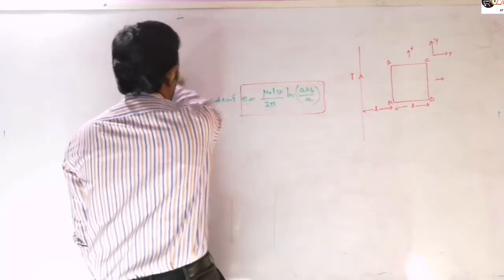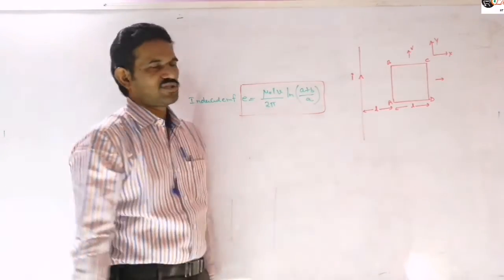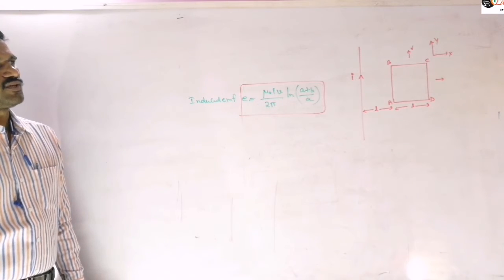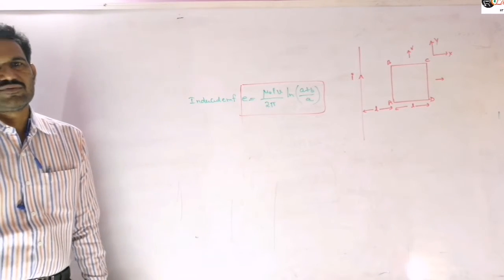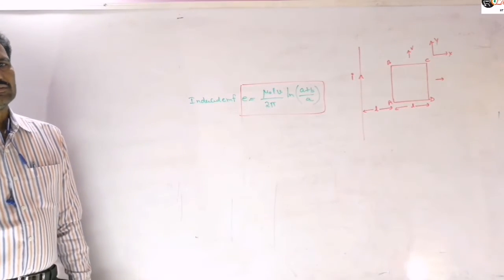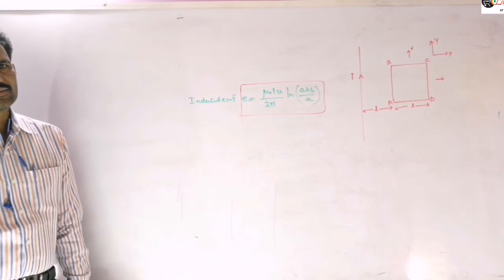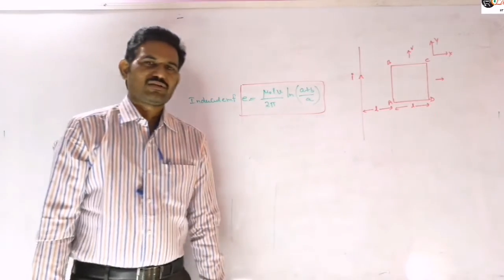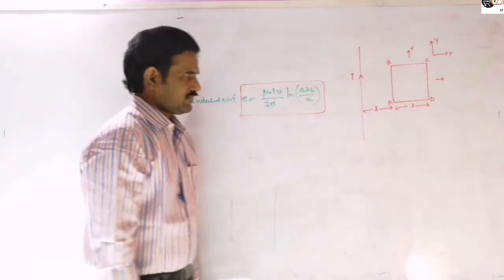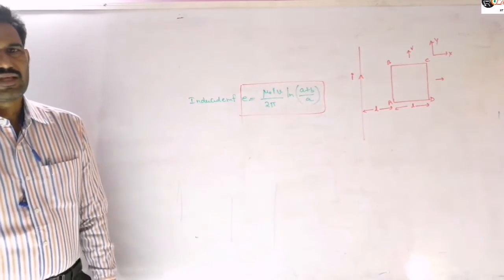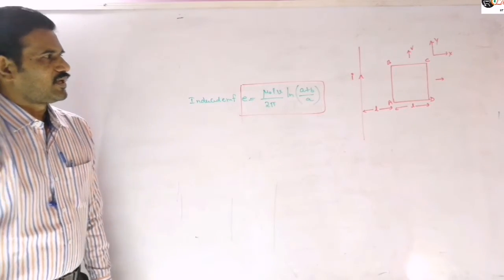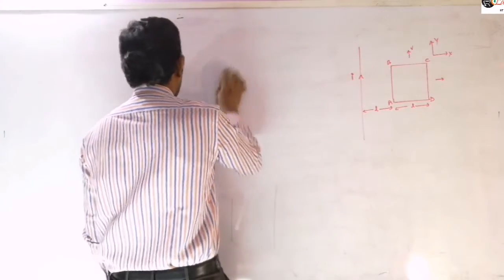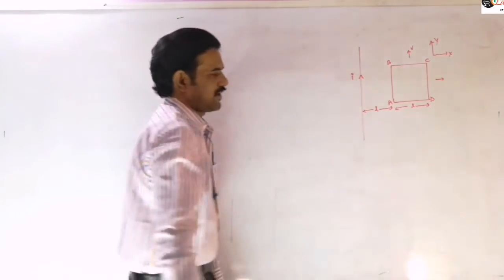Find the induced EMF produced in the loop when it is moving with velocity v along the x-axis, and when it is moving with velocity v along the y-axis, as shown in the figure.